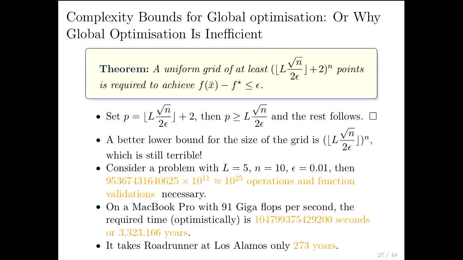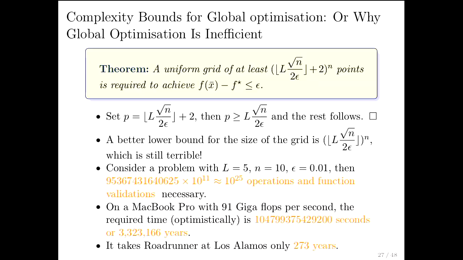Now let's look at a very benign, simple problem. Imagine my Lipschitz constant is 5, some number, and I'm looking at an n-dimensional problem, 10 variables. I want to be within 0.01 accuracy of the solution. We need to validate these many functions.